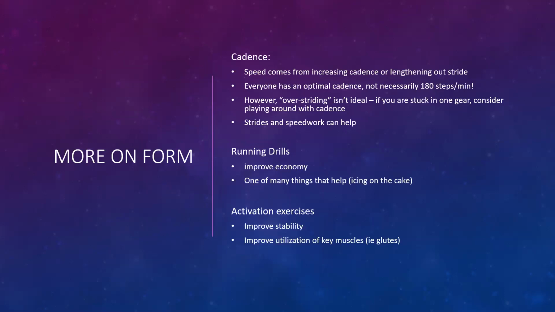I read a really cool study when I was making this presentation, and it was done in about 10 ultramarathoners who just finished a 14-hour race. Through the race, all 10 of them maintained pretty much the same cadence for all 14 hours. But one runner's cadence was like 210 steps per minute, and another runner's cadence was like 160 steps per minute.